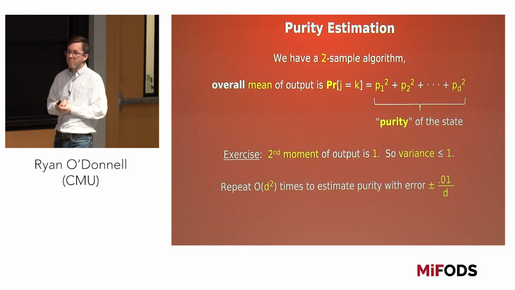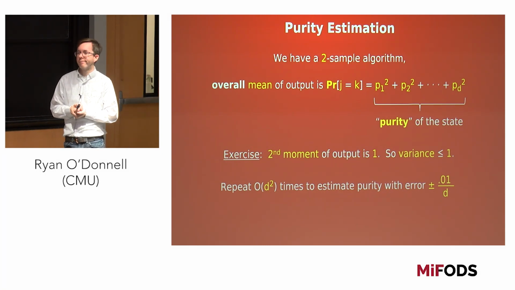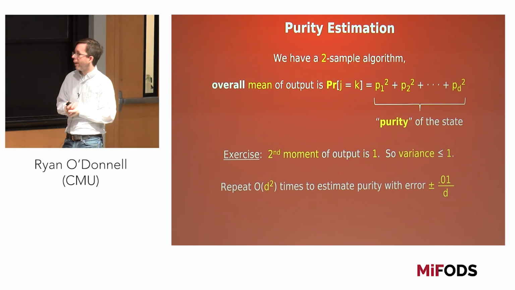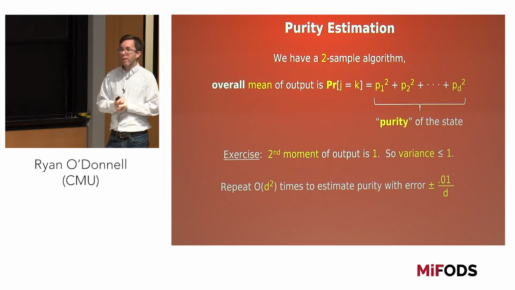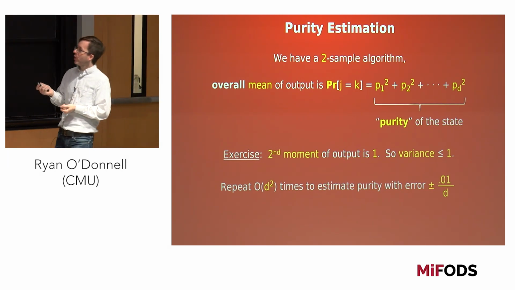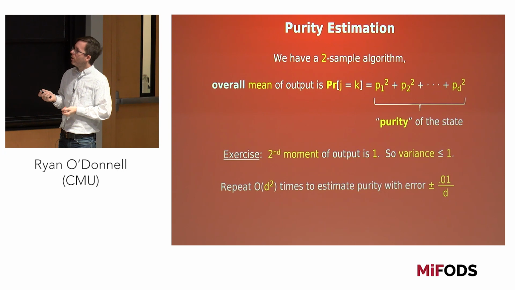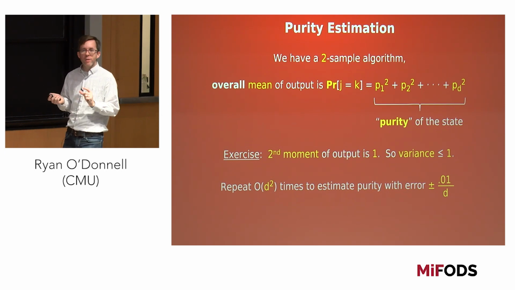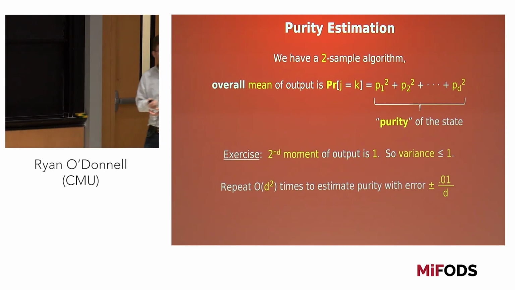But if you want to build it out of 1-sample estimators, then this is like the birthday problem, and it's going to grow like at least root D. I should also mention that you can basically do the same thing with the classical problem of trying to estimate this quantity for a classical probability distribution. There, the variance is smaller, though, and so you can do this with order root D samples.